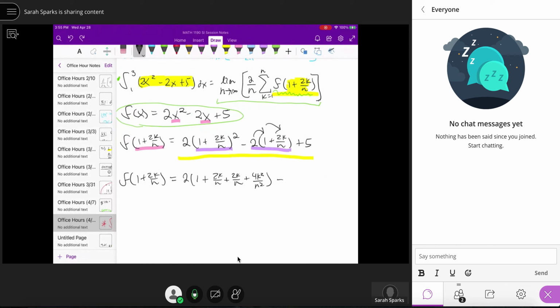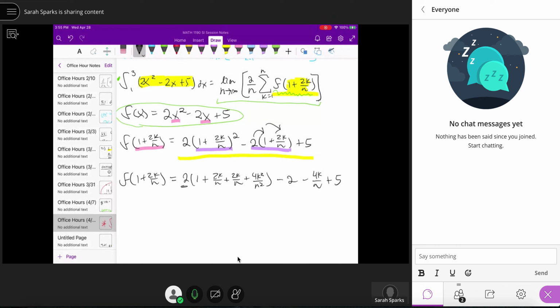So we're going to get a -2, and then also don't forget about the negative sign too. Okay, so it's going to be -2, and -2 times 2k is going to be -4k divided by n plus 5.